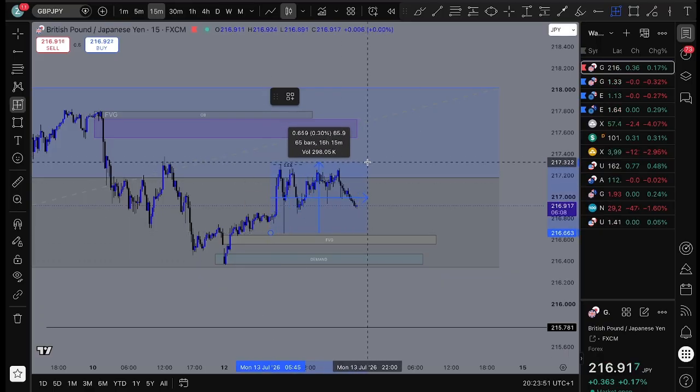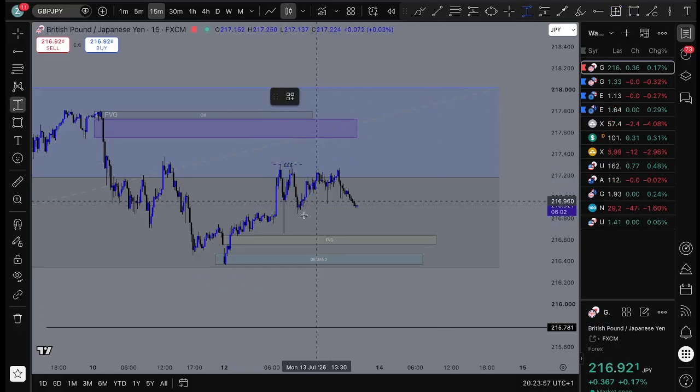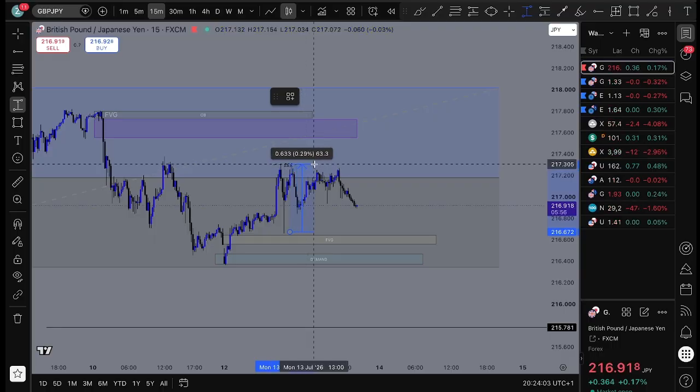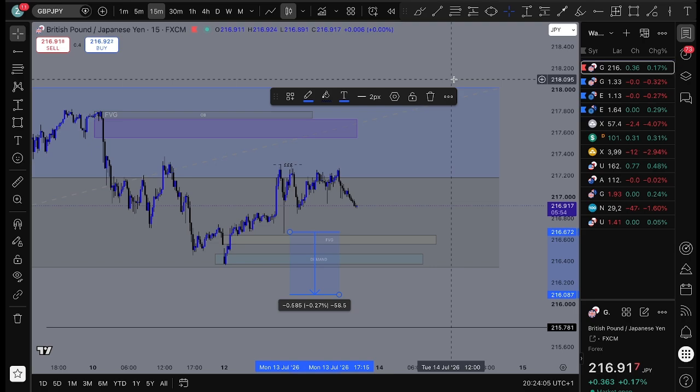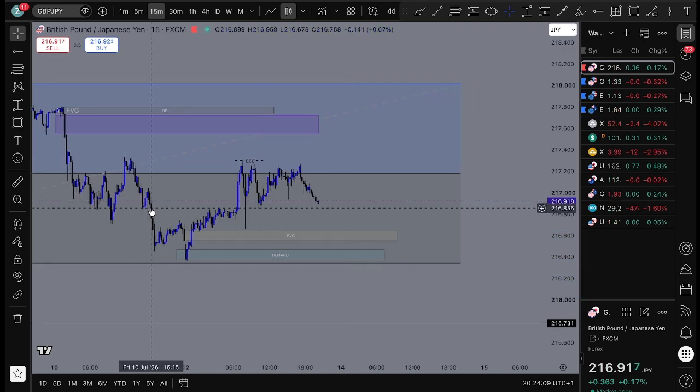I mean, you could have easily caught, let's just use the right tool, could have easily caught 60 pips. It's as simple as that.